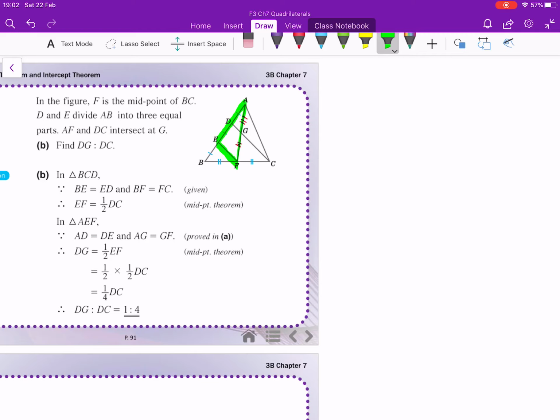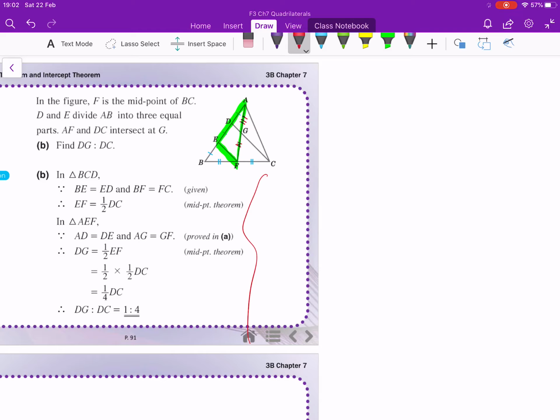This time the result I want is the length relation between DG and EF. So which one, midpoint theorem or intercept theorem, can provide this result? It should be the midpoint theorem, the relation between the lengths. So let me rewrite the solution again.